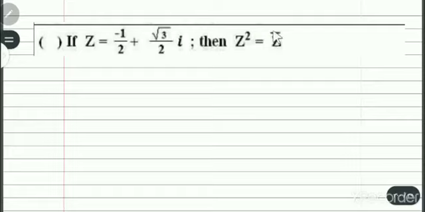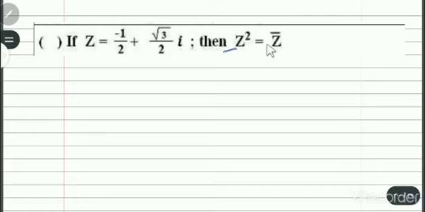So what I'm going to do here: this is z, I saw it where? Here. This is z, and this is z. It's the same thing, but here z to the power 2, and here the conjugate of z.